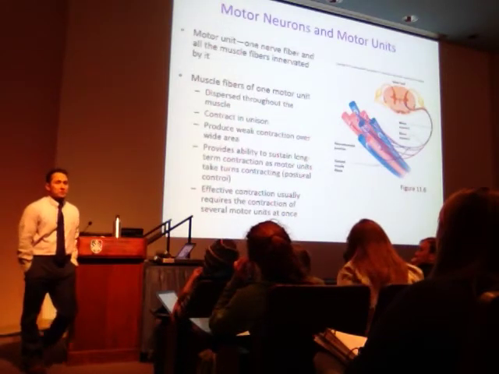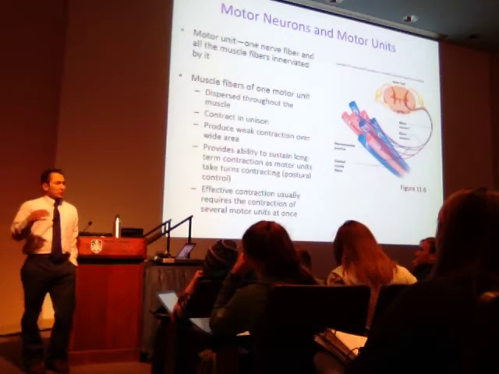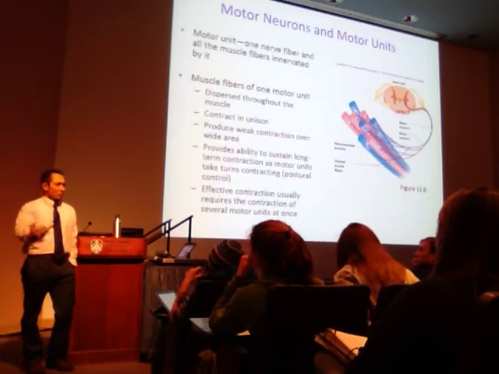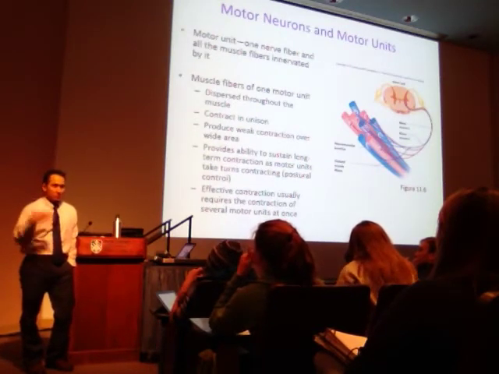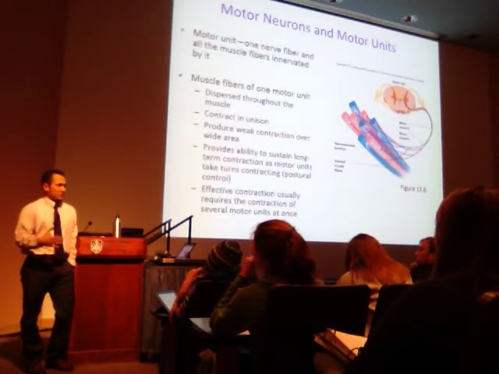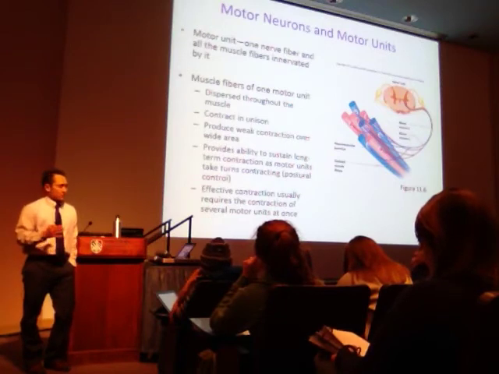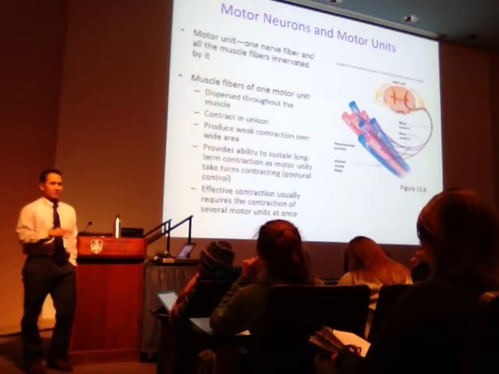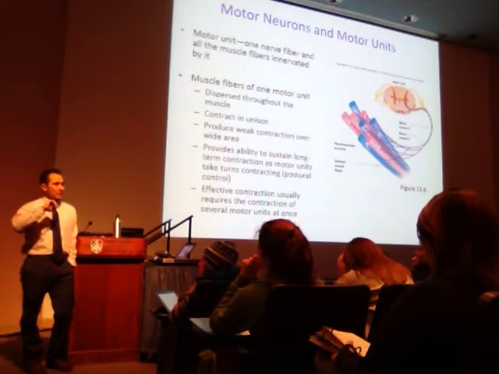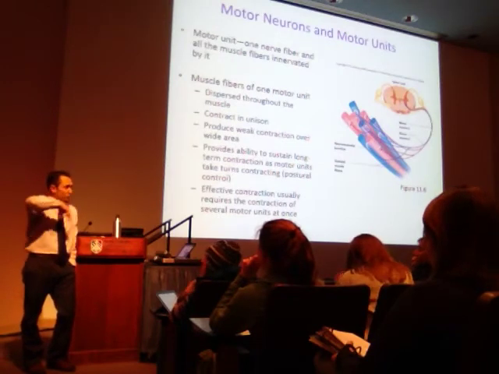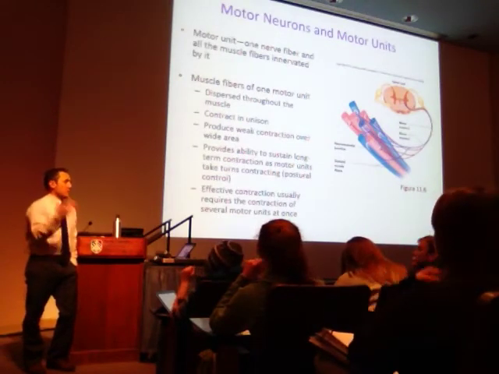Yeah, and that's the whole purpose of not having the anterior aspect of the muscle only being served by these motor units and the posterior aspect only being served by those motor units. You have redundancy, so you can still recruit the entire function of the muscle, but it may be compromised.